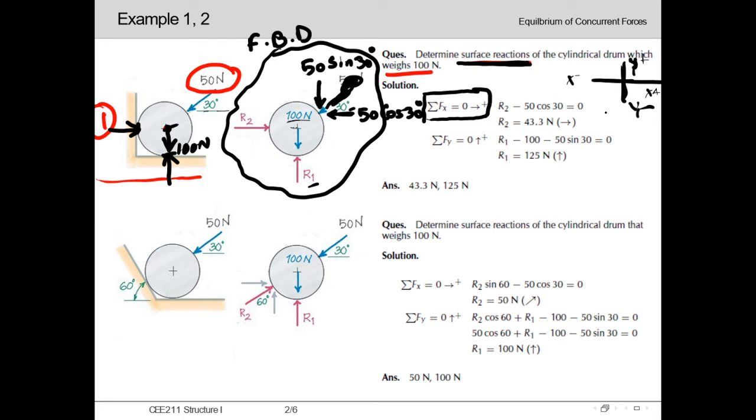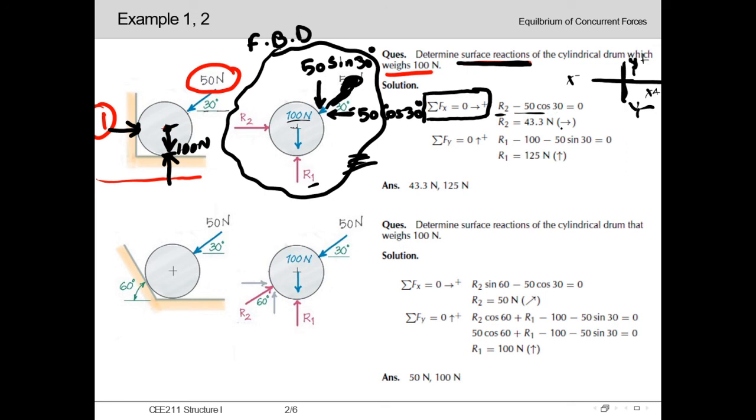Here we can see all the forces in this free body diagram. Now considering the x directional forces, summation of Fx equal to 0, and we have considered the right side as positive. First one is R2. R2 is acting rightward, so it is positive R2, and we can see here 50 cos 30, which is acting leftward, so it will be negative 50 cos 30.